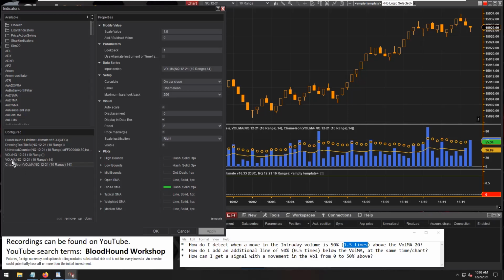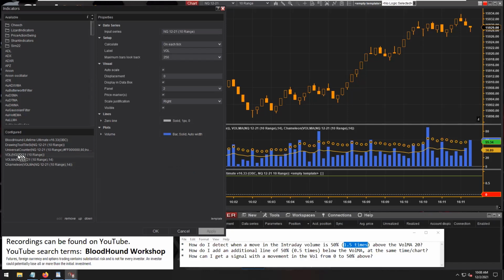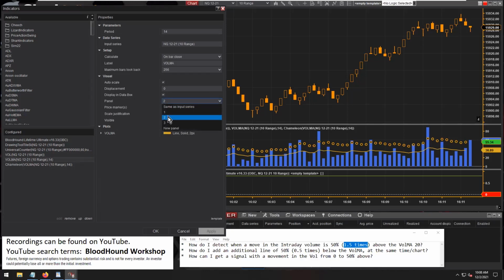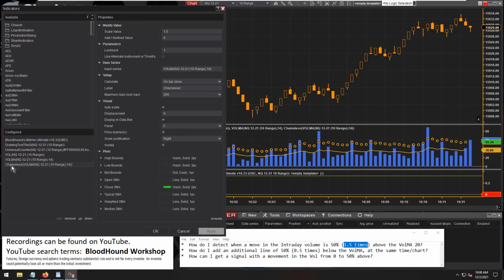So we can see here I had the volume indicator, and right below that I have the volume MA indicator. And of course they're all on the same panel, number 2. But then the green hash line, that is Chameleon. Chameleon is one of those free support indicators that comes with BloodHound. With Chameleon, you can see the input series here.